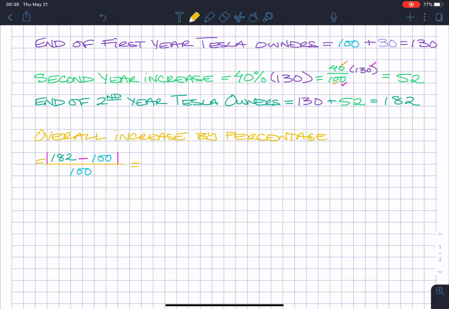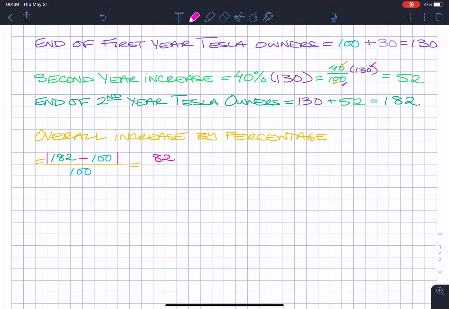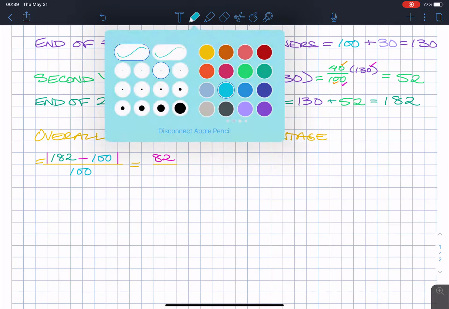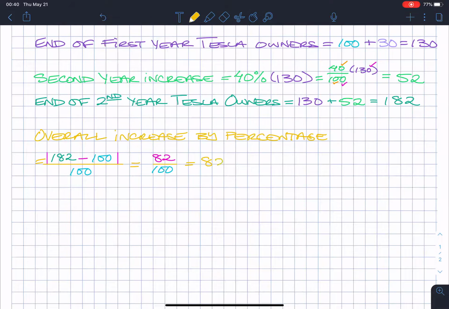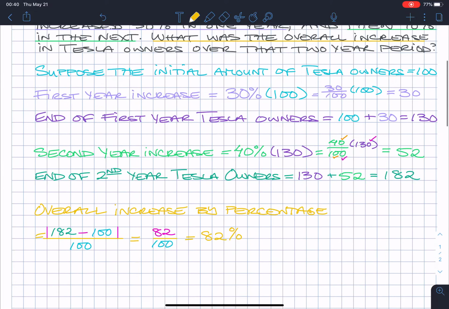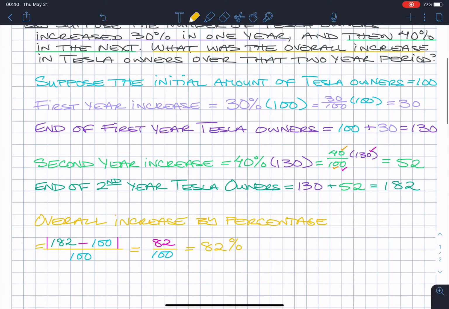So 182 minus 100 gives me 82, divided by 100, so this is an increase of 82%. So that's not the same as 70. 30 plus 40 was 70%, but it was an actual increase over the 2-year period of 82%. So we have to be very careful when we're doing these problems to make sure we don't make a mistake.